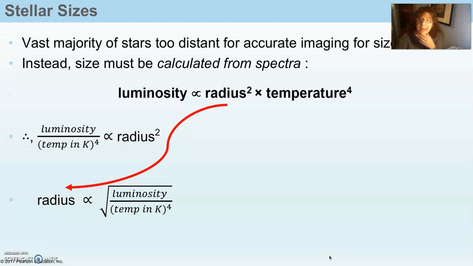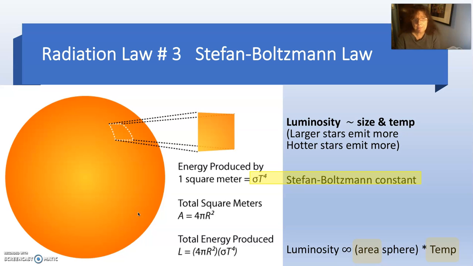In fact, we can find the size of the star if we know the luminosity of the star and we know the temperature of the star. So there is a proportional relationship there that we can work and isolate the radius as being proportional to the square root of the luminosity over the temperature to the fourth power. So there's a way for us to directly relate luminosity, temperature, and size.